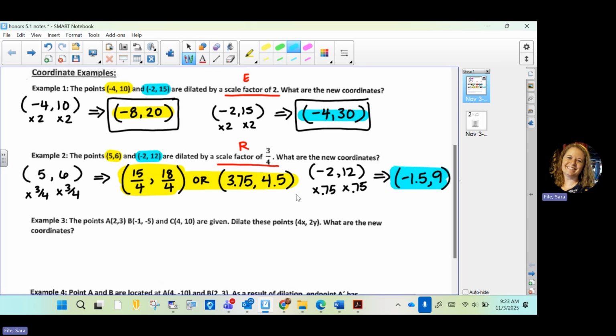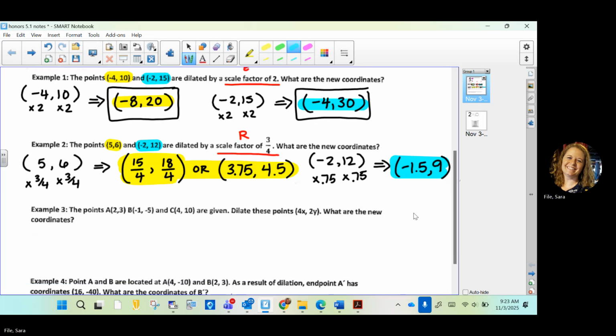Okay, so fraction or decimal, whatever you prefer is fine. Now in number 3, they give you point A, B, and C, excuse me. And then they say that these points are dilated, and then they give you a dilation rule instead of telling you a scale factor.